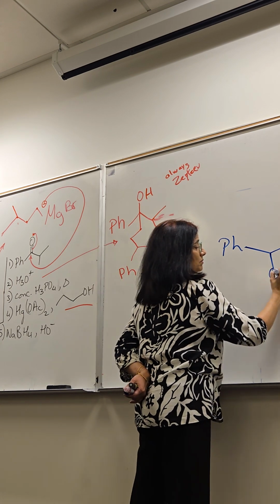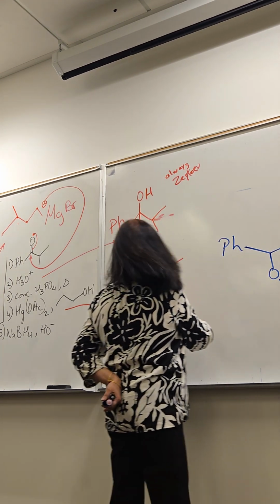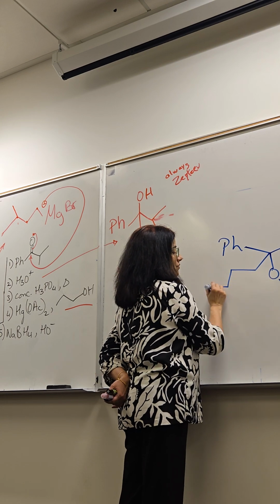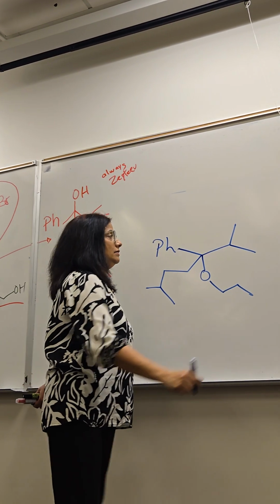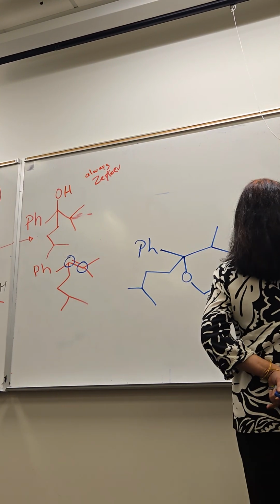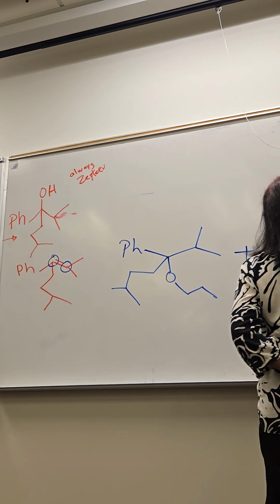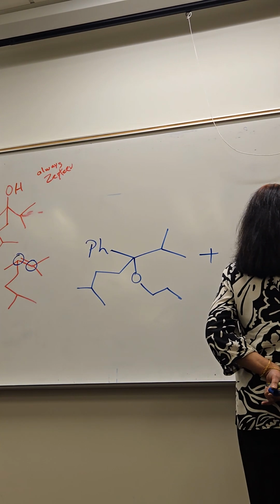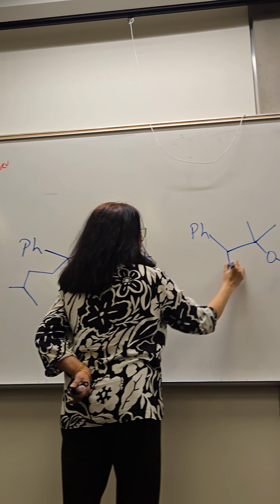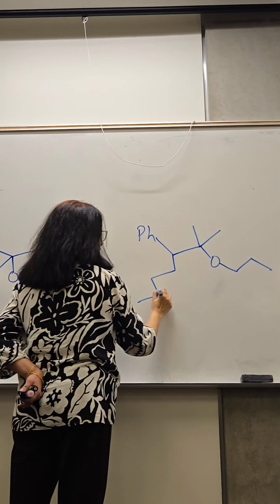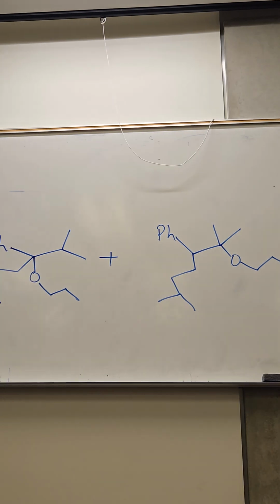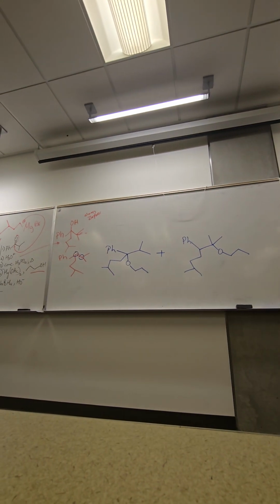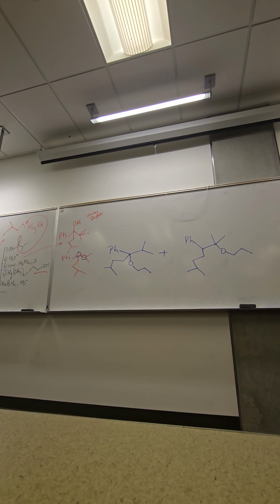Because there is no selectivity, unfortunately, yes, we will get both. That's the step where the Markovnikov ether is being created on the double bond.